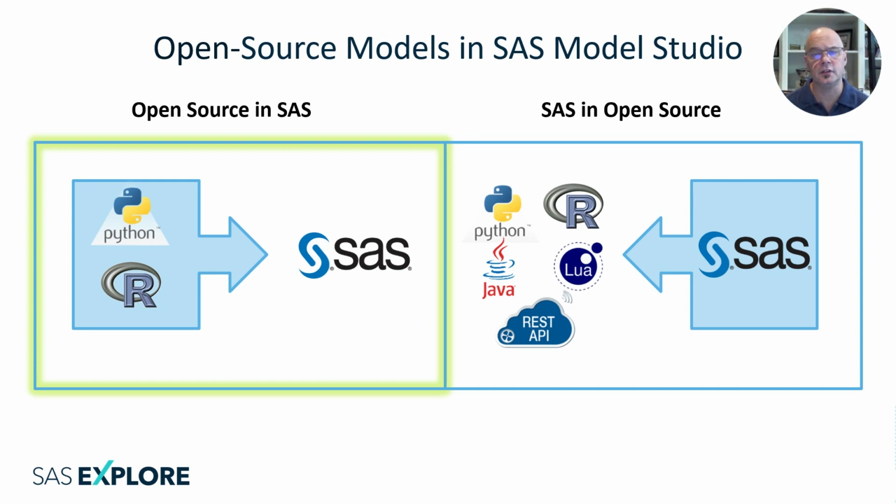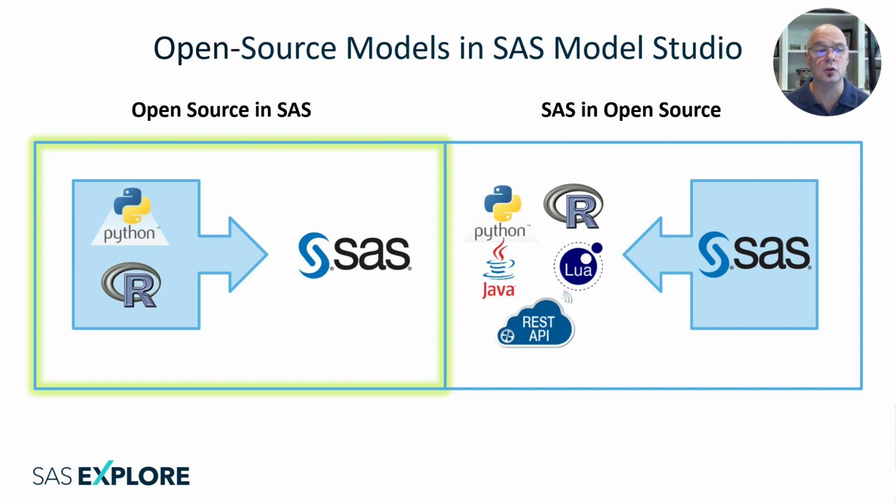So the first scenario I illustrated, which is what we're going to be doing, is illustrated on the left-hand side of this slide. We are SAS users, we're comfortable in the SAS environment, but we know there are open source tools that are available to help us out as well. So within our SAS environment, specifically within Model Studio, we might be able to make use of Python or R for open source integration.